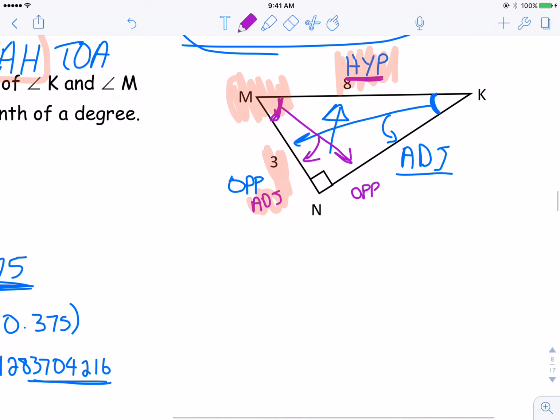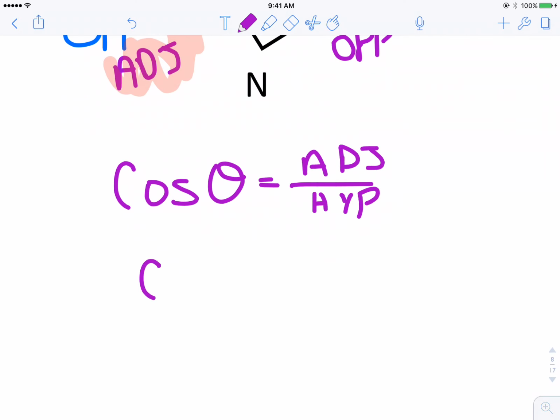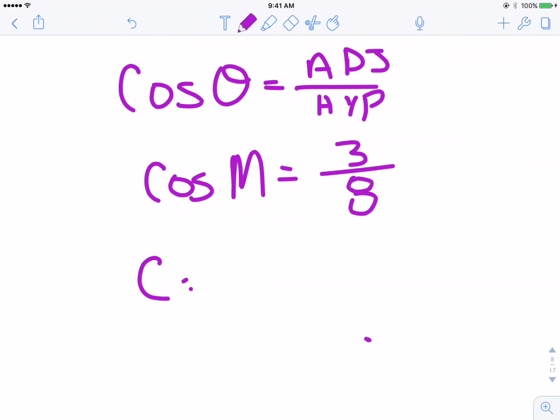So my formula, cosine of an angle is equal to adjacent over hypotenuse. Cosine of angle M is equal to my adjacent side, which was 3, over my hypotenuse, which was 8, which I think 3 divided by 8 hasn't changed in the last minute. So that's 0.375.